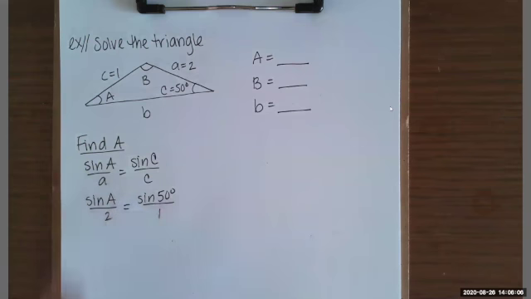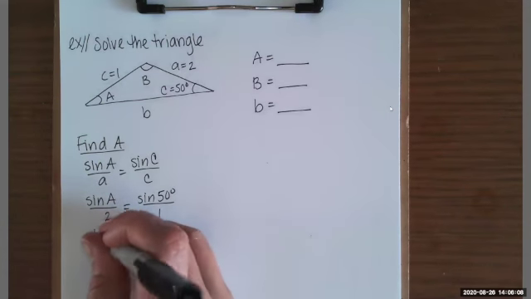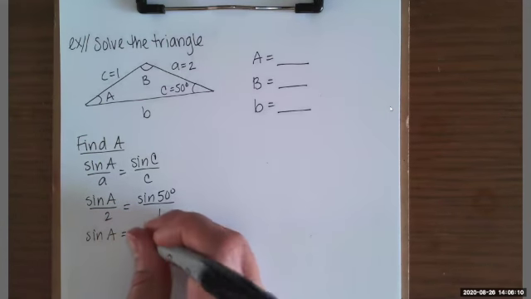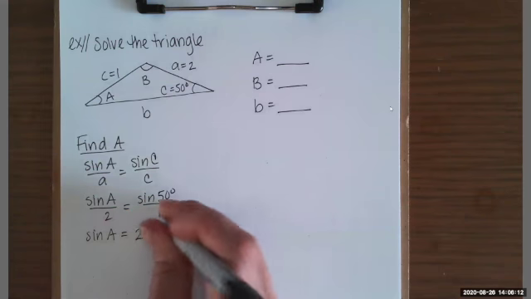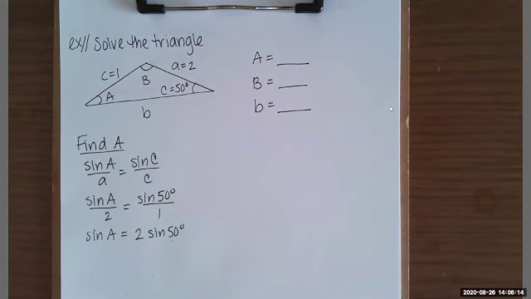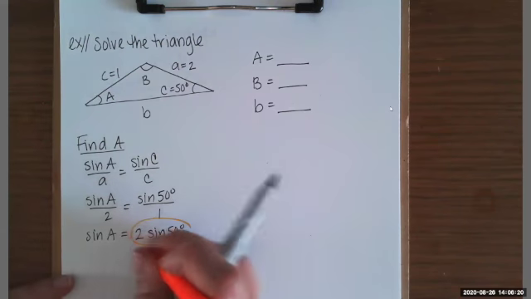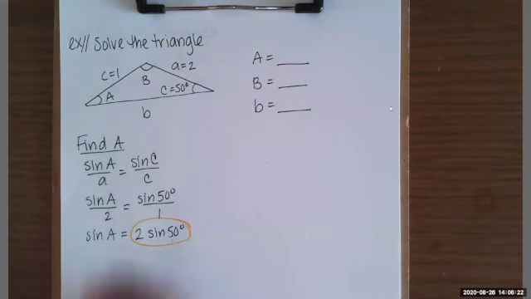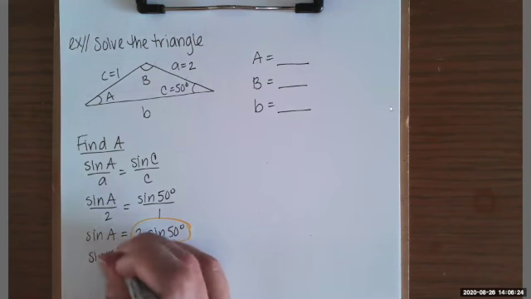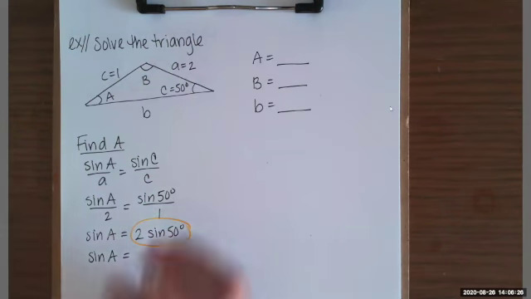Next step, multiply both sides by 2. I get sine of A is equal to 2 sine of 50. Of course, the divided by 1 we don't need to write. Okay, we need to solve for A, so we're going to end up taking the inverse sine of both sides. So what we want to do is plug this into our calculator first. So I have sine of A is equal to 2 sine of 50 is equal to 1.53.